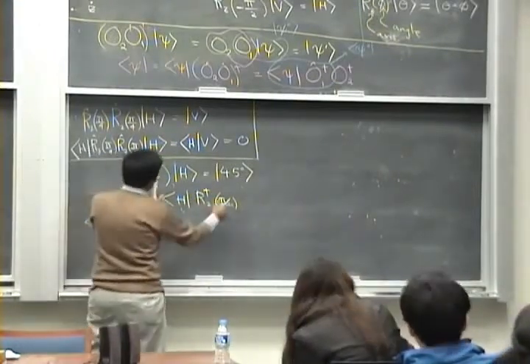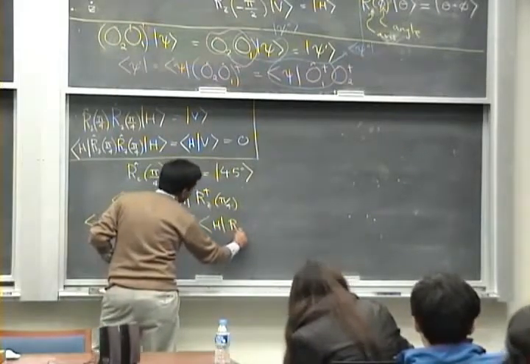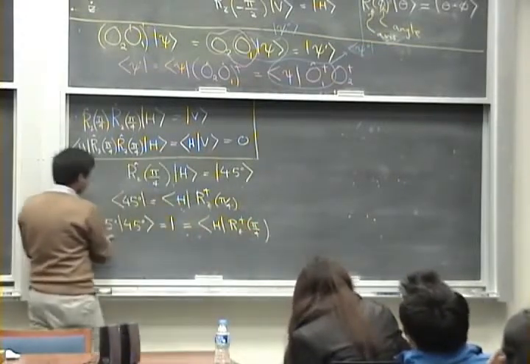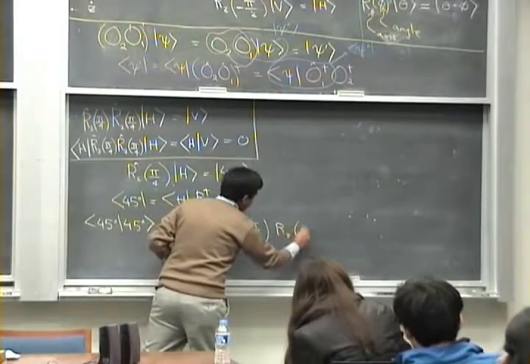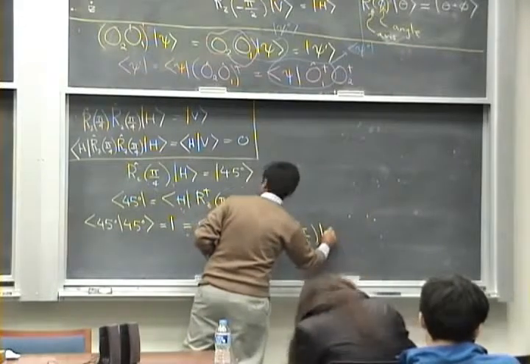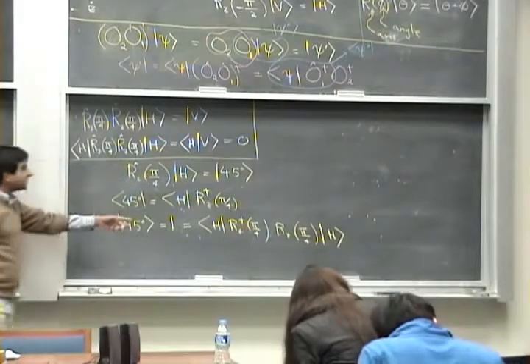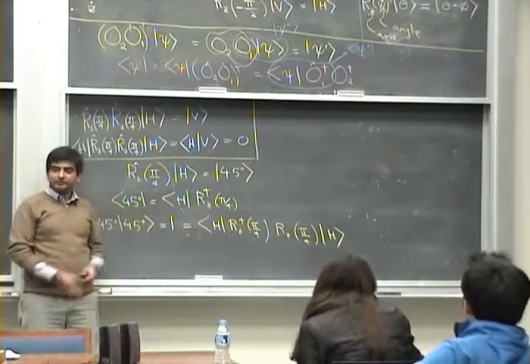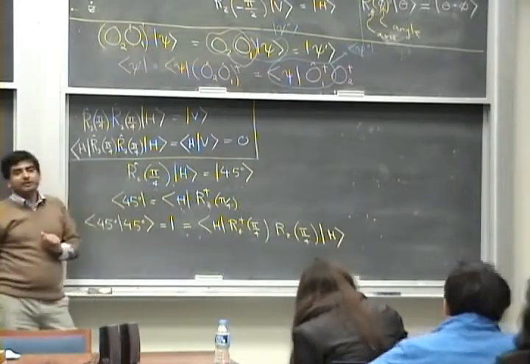I just concatenate these two expressions and I get bra H, RZ pi by 4 dagger, RZ pi by 4 and ket H. But this has to be equal to 1.